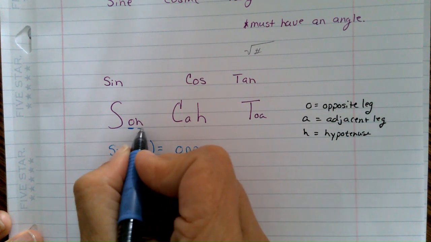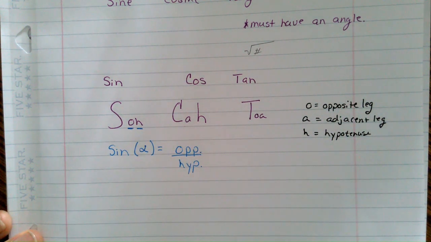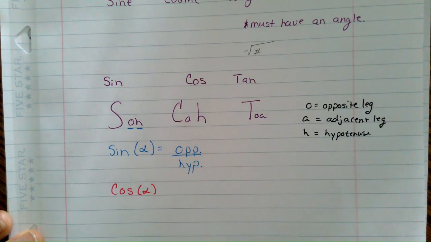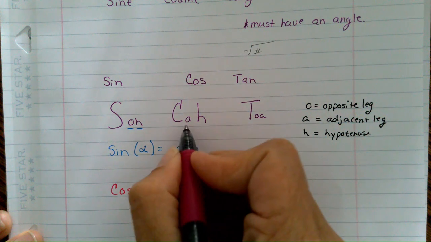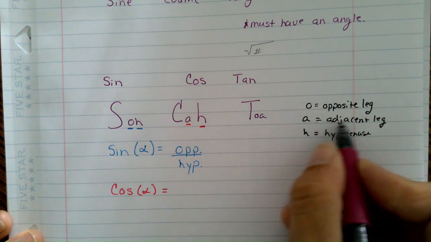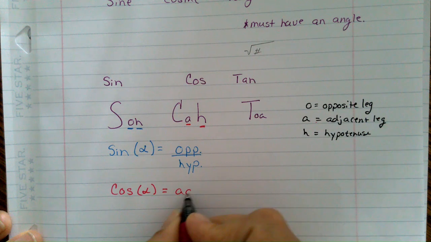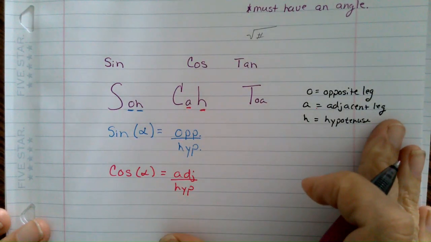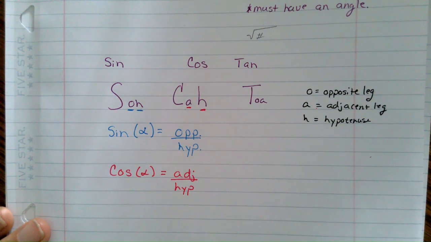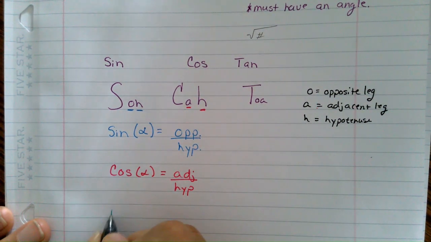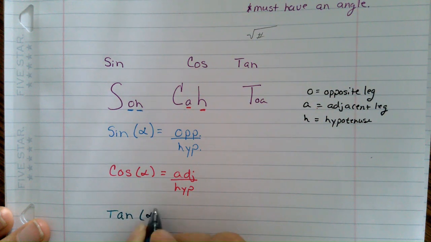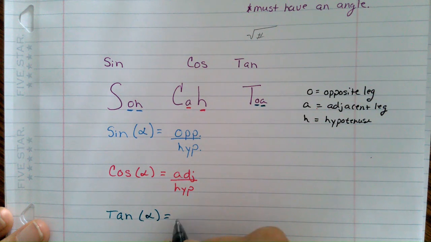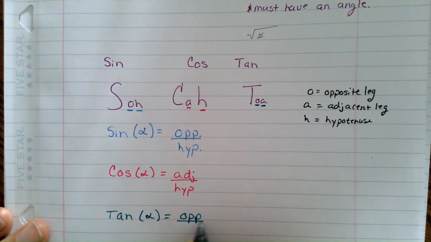See the O and the H. Cosine of your angle, because you always have to have an angle, equals, oh, it's an A and an H, so it's the adjacent leg and the hypotenuse. And therefore, if you haven't already figured it out, tangent of your angle is going to be OA, TOA, opposite and adjacent.